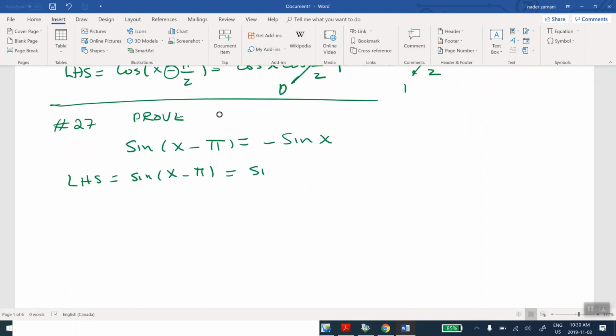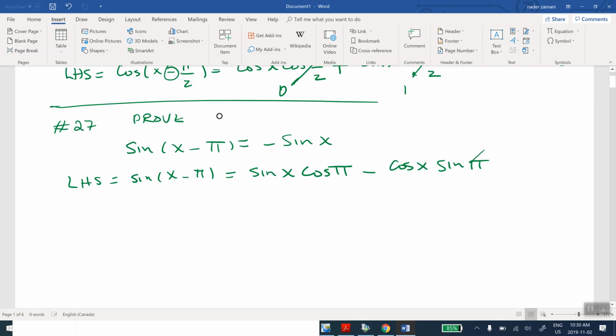This is sine of x cosine of pi minus cosine of x sine of pi. Now sine of pi is 0, cosine of pi is minus 1, so this is minus sine of x, which is your right-hand side.